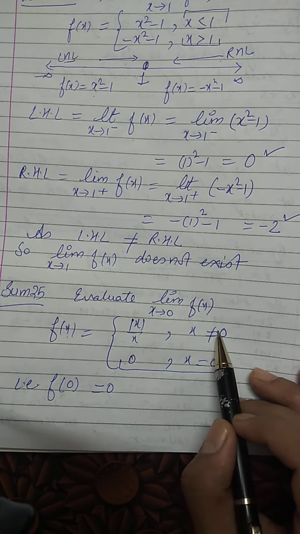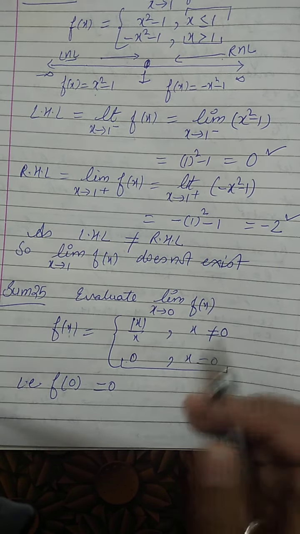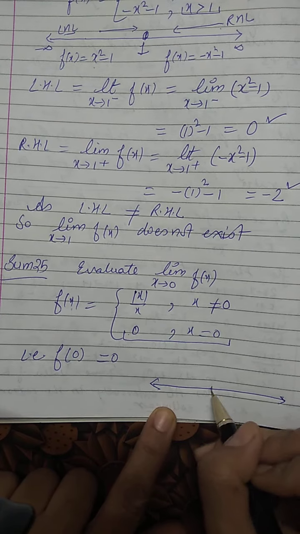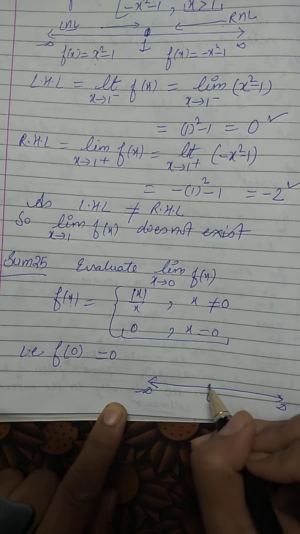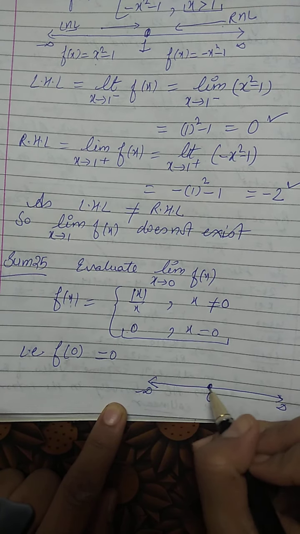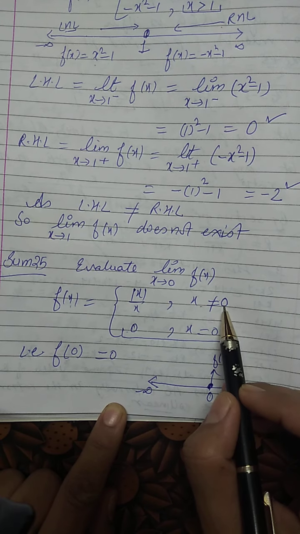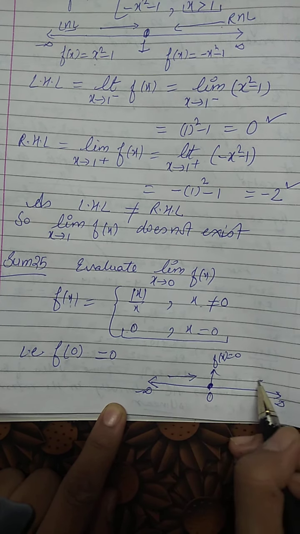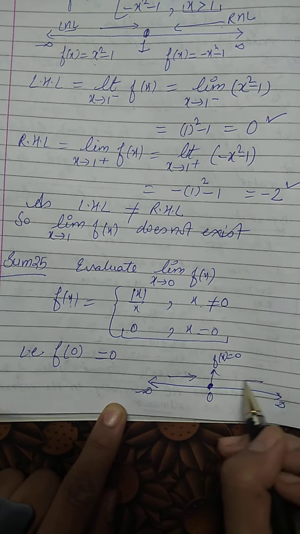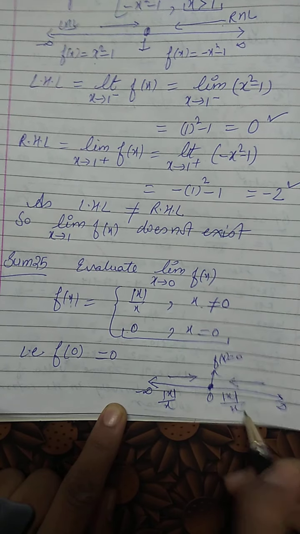So if I show here once again on the real number line, this is minus infinity and infinity, and here it is 0. When x is 0, f of x is also 0. But when x is not equal to 0, meaning when x approaches 0 from the left side or from the right side, for both cases I have this function mod x upon x.